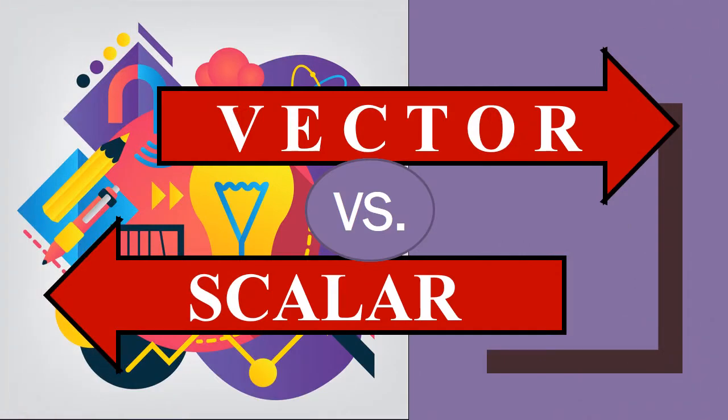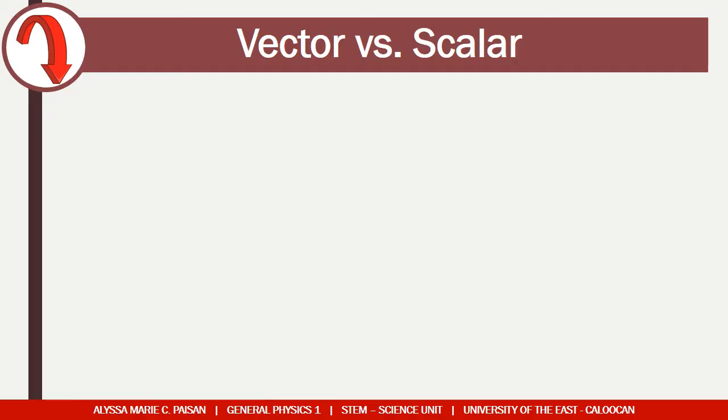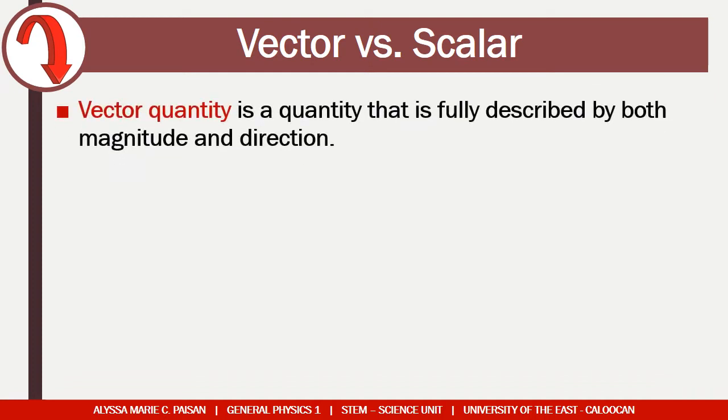Again, let's just recall the differences between vectors and scalars. Basically, when we say vector, it is a quantity that is fully described by both magnitude and direction.